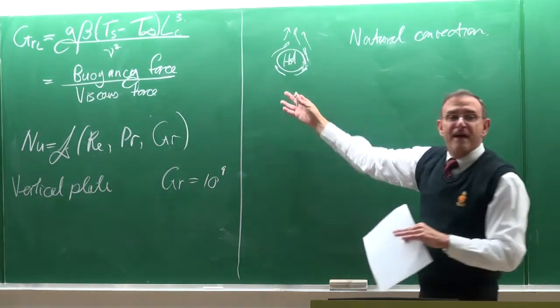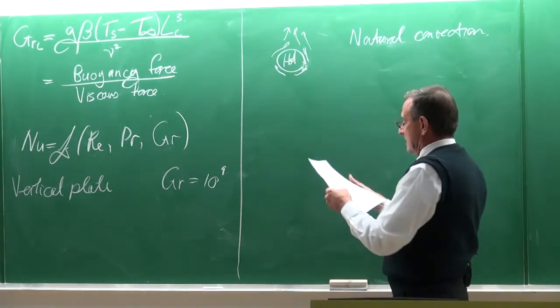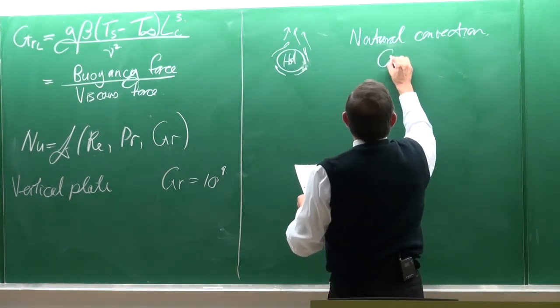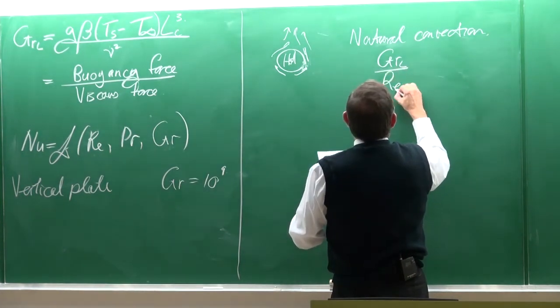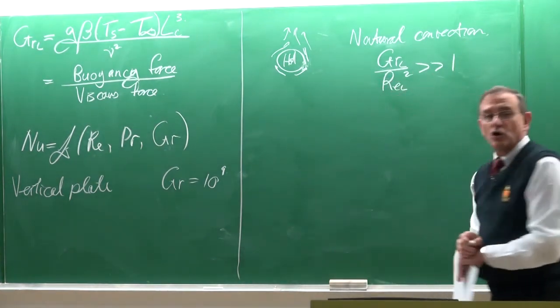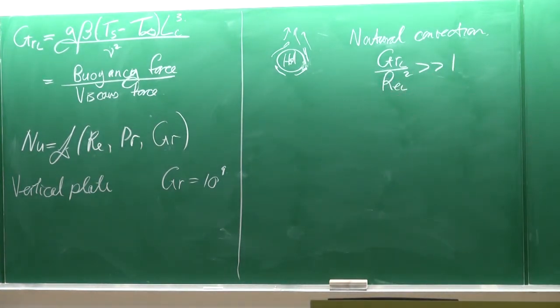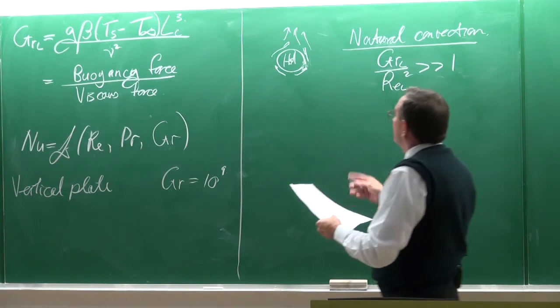There is no fan and there is no pump, nothing forcing the flow over the cylinder. Now for these cases, the ratio of the Grashof number to the Reynolds number is larger than 1, much larger than 1. So that would be for natural convection problems.